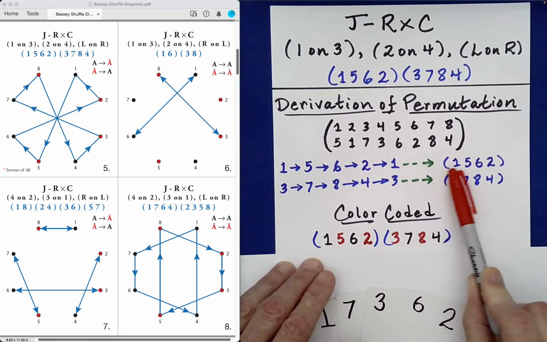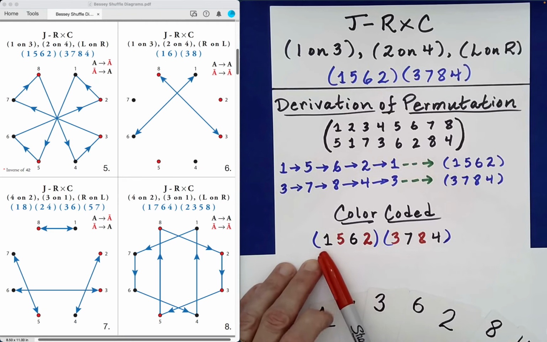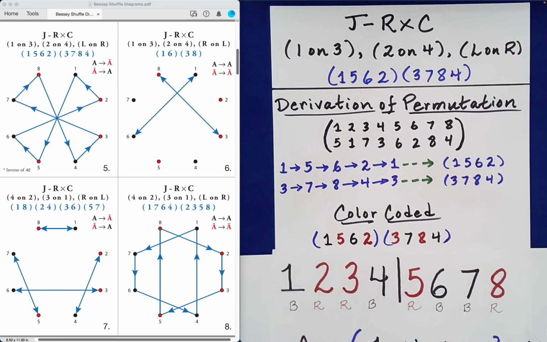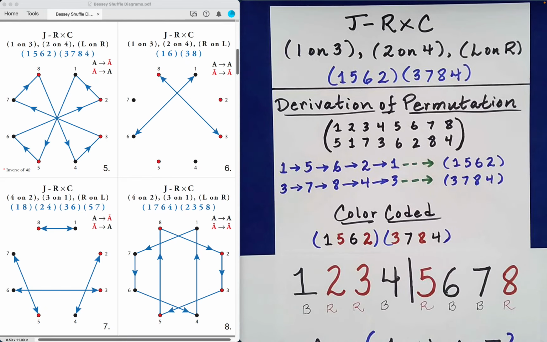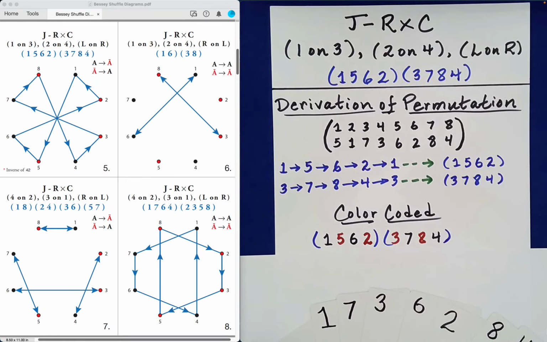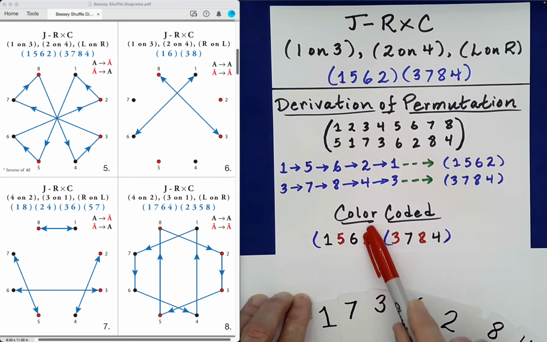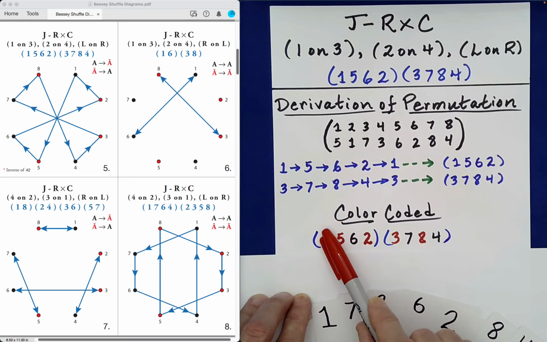So if we just rewrite the terms in the cycle notation of our permutation, we'll obtain the following. Remember from earlier, 1, 4, 6, 7 are color-coded black. 2, 3, 5, 8 are color-coded red. So if we go through and perform our color coding, we'll see that black 1 goes to red 5, which goes to black 6, which goes to red 2, which wraps around and goes to black 1.